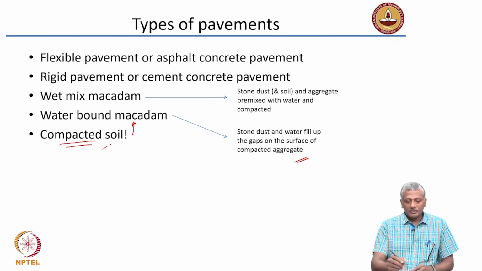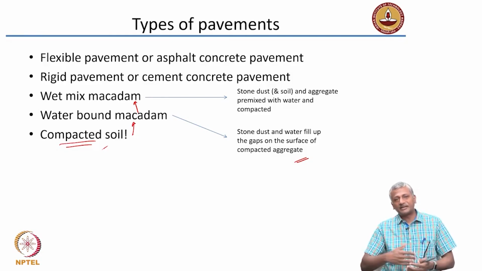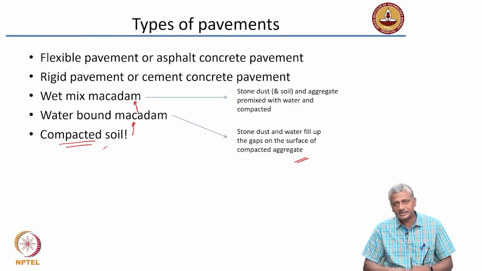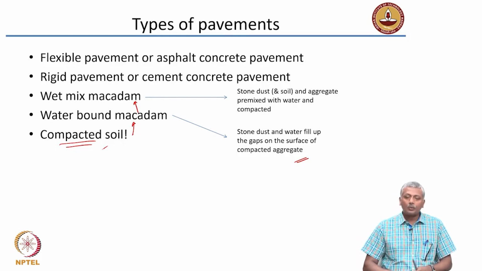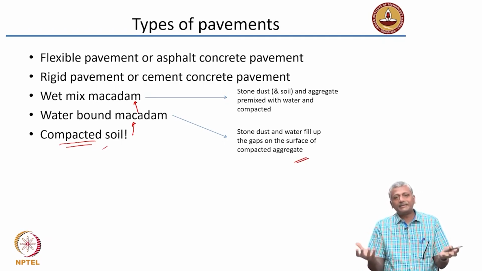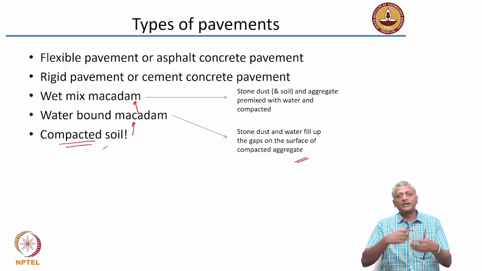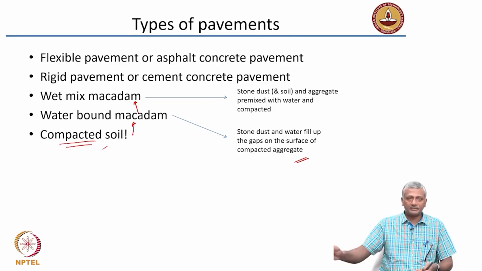From here, we move to a slightly more advanced approach called wet mix macadam. Here, instead of compacting the aggregate and then putting the stone dust slurry inside, we mix up stone dust, some sand and soil and the aggregates along with water in a mixer, and then we pour it out on the surface and then compact it.